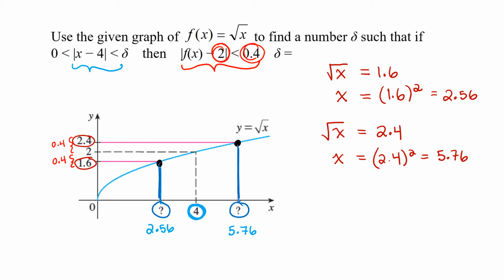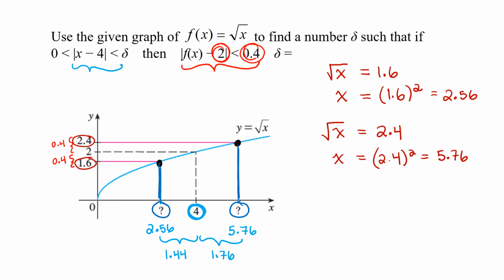Now that we have the inputs, we need to check our distances. So we need to find the distance between 2.56 and 4, and 5.76 and 4. The distance between 2.56 and 4 is 1.44, and the distance between 4 and 5.76 is 1.76.